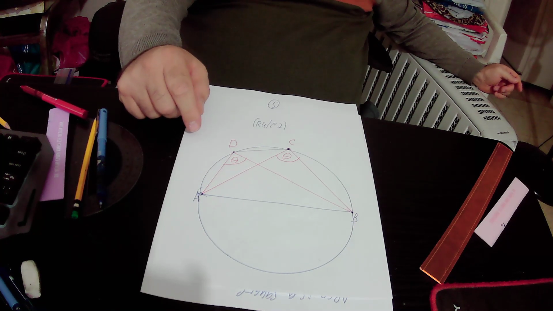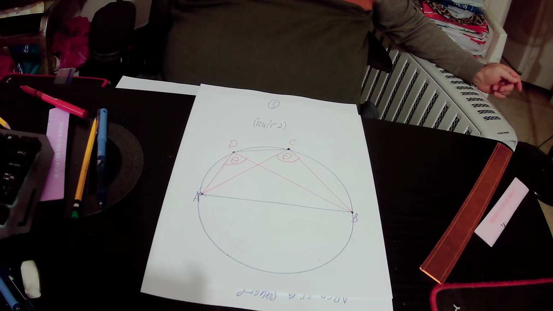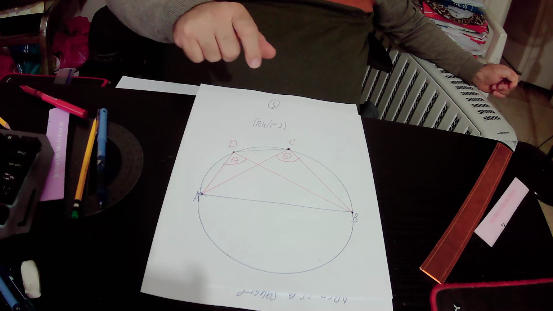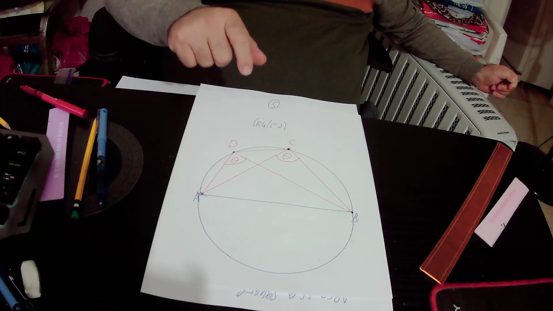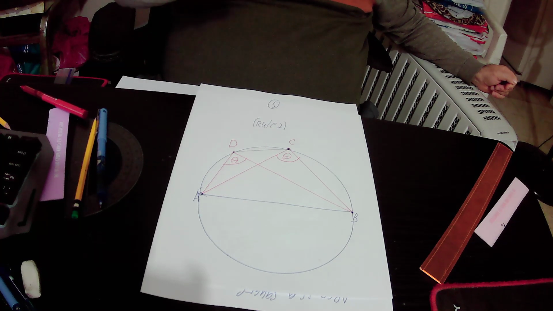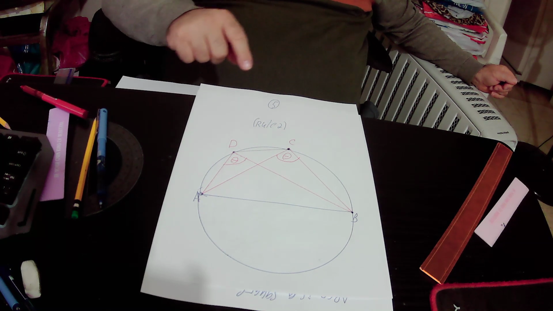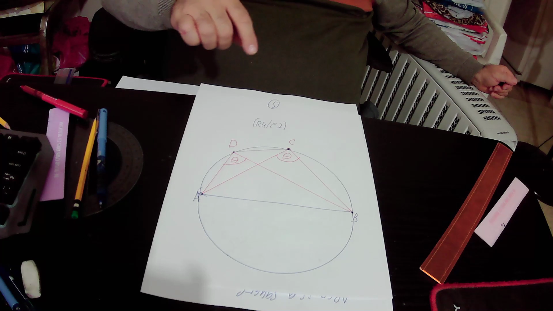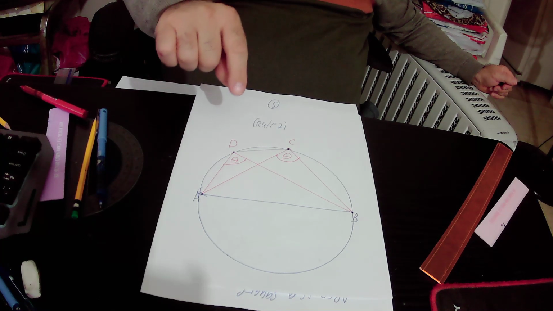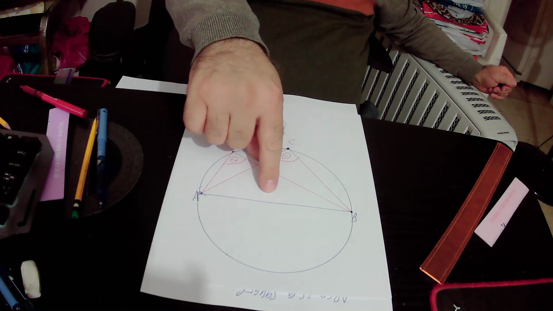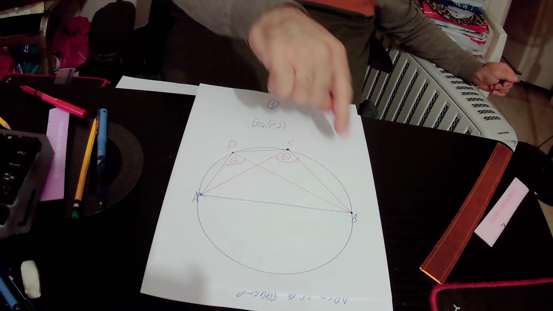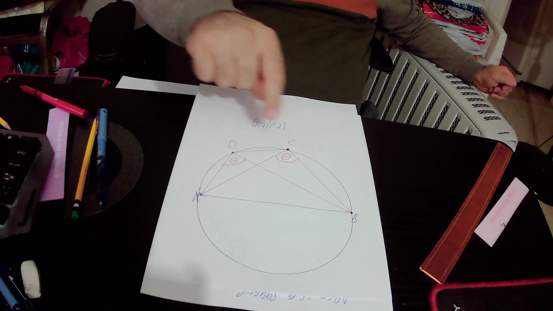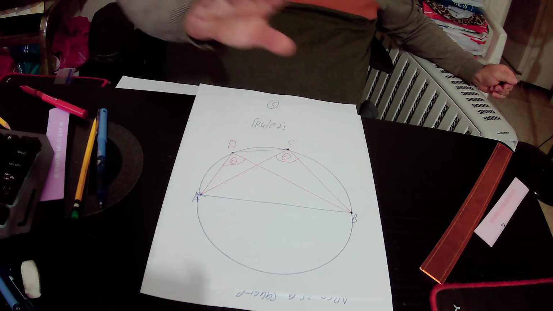Okay, so if we have two equal angles that rest on the same line segment on the same side, then according to rule number 2, this quadrilateral ABCD is inscribed by this blue circle, and the 4 points A, B, C, and D lie on this blue circle.